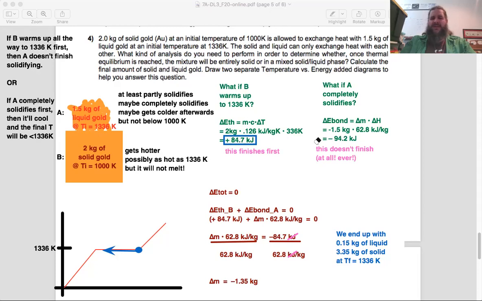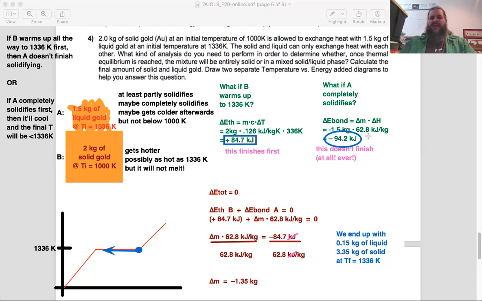We should expect these to be opposite signs anyway, because B is gaining energy and A is losing energy. The important thing about these values is, if you think of them as absolute values, which one is a larger amount of energy? For A. Yeah, A requires a larger transfer of energy for this process to happen.